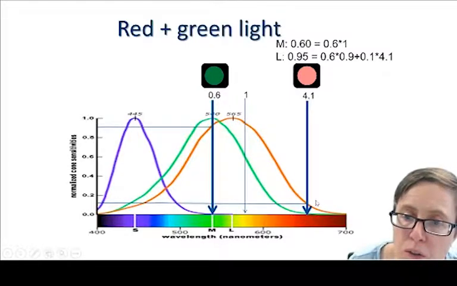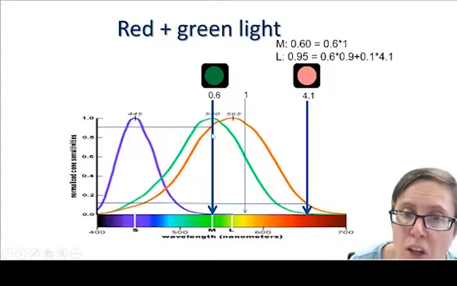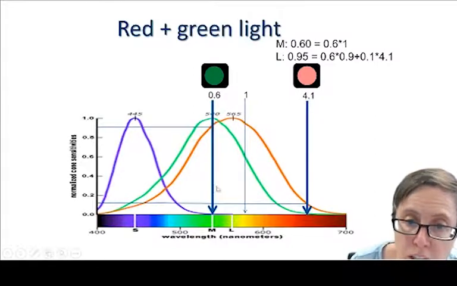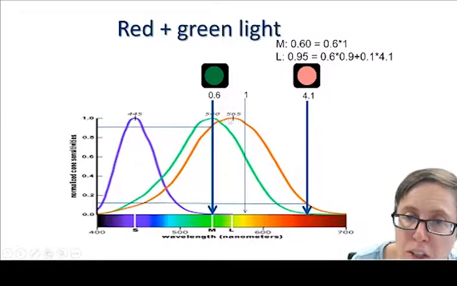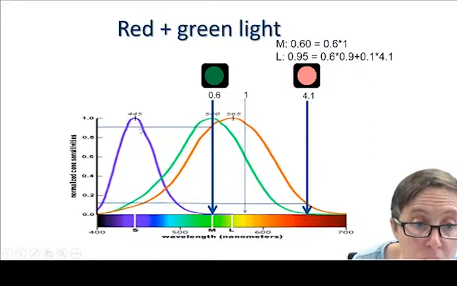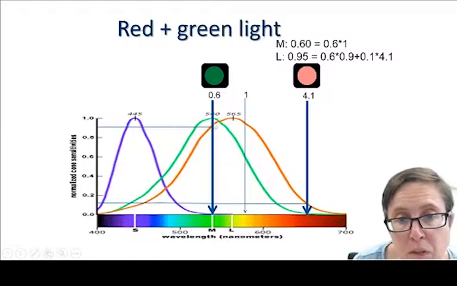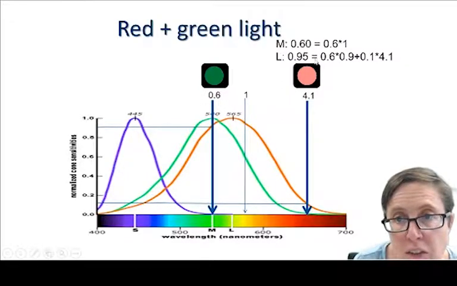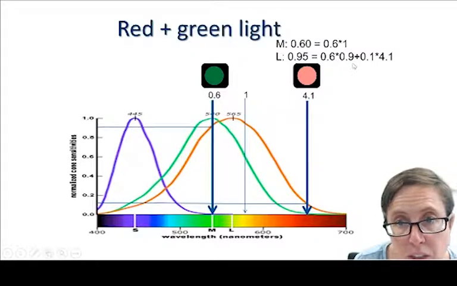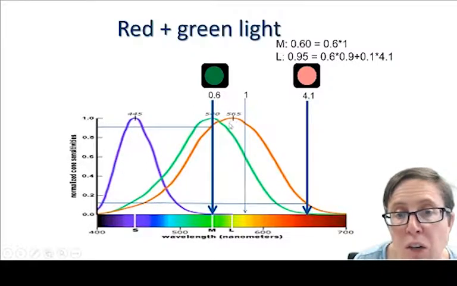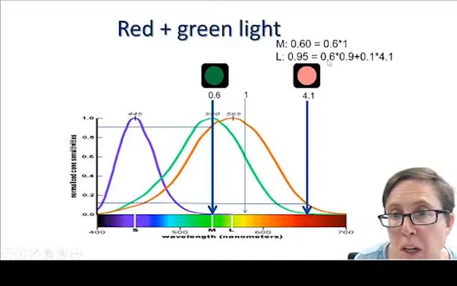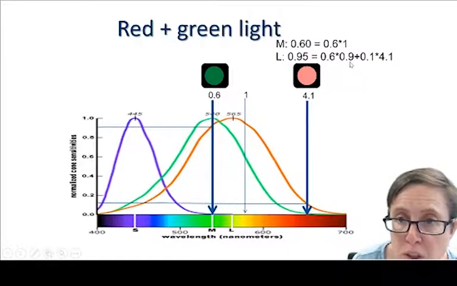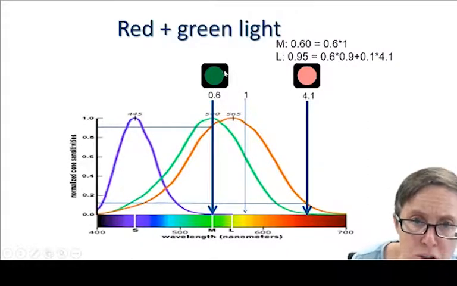Okay, now let's go through and think what happens for the L cone. So the L cone can see both these lights. It's activated by the green light. So the green light is just a little bit below its peak sensitivity. Let's say it's at 0.9 of the maximum of the L curve. And remember, the light has got a brightness of 0.6. So multiplying those two values together, we can see that the L cone is being activated by 0.6 times 0.9 by this green light.